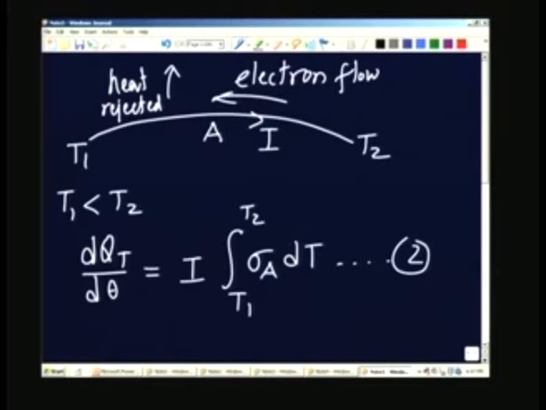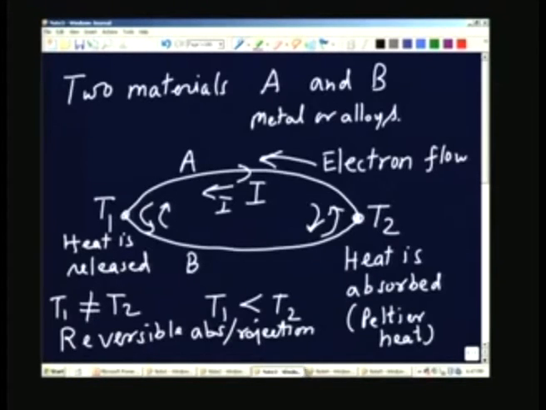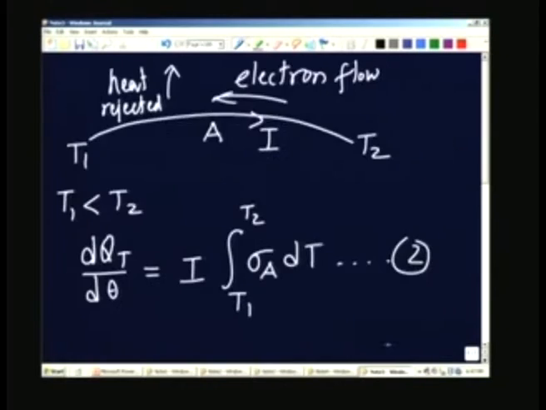Now, I can in fact go back to the earlier sketch. In the earlier sketch, I had two materials A and B forming a complete circuit, and now we can see that for this part of the circuit, this is the amount of Thomson heat which is involved.